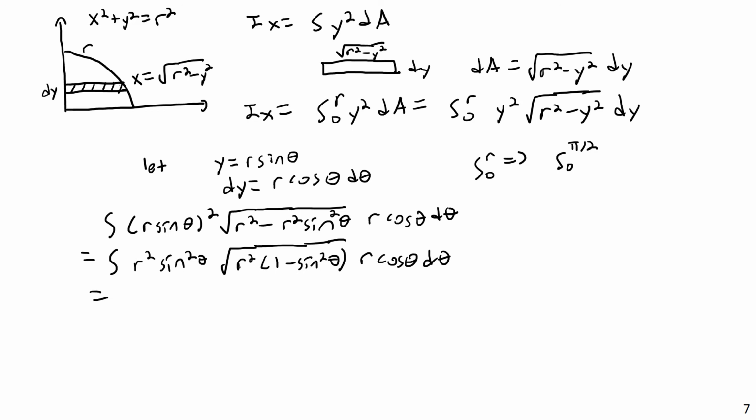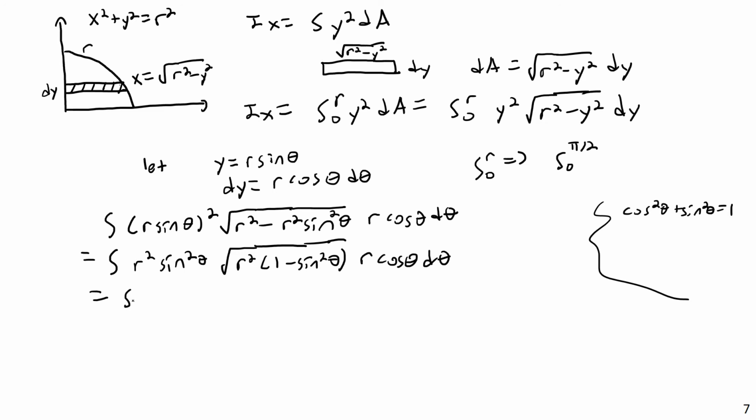Then I'm going to pull out this r squared, and I'm going to recognize a trig identity here. This trig identity, of course, is the Pythagorean identity: cosine squared theta plus sine squared theta equals 1. Therefore, 1 minus sine squared theta is just cosine squared theta.